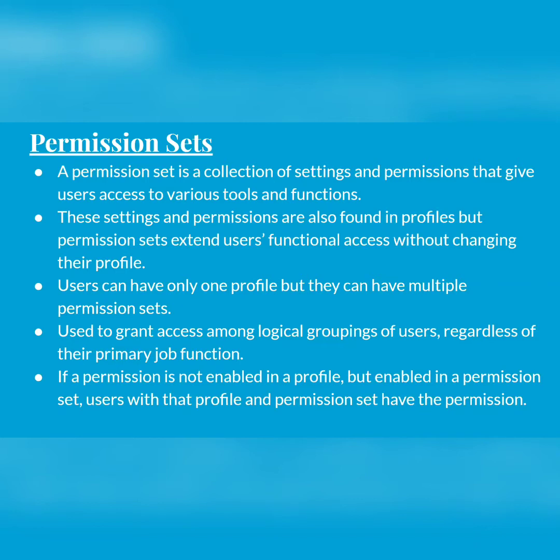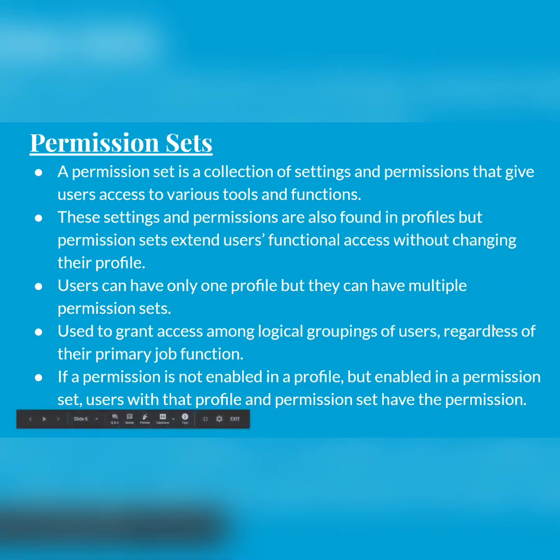Irrespective of what the profile has in its settings, if the permission set allows it and is assigned to that user, he will have the permission to perform that function.